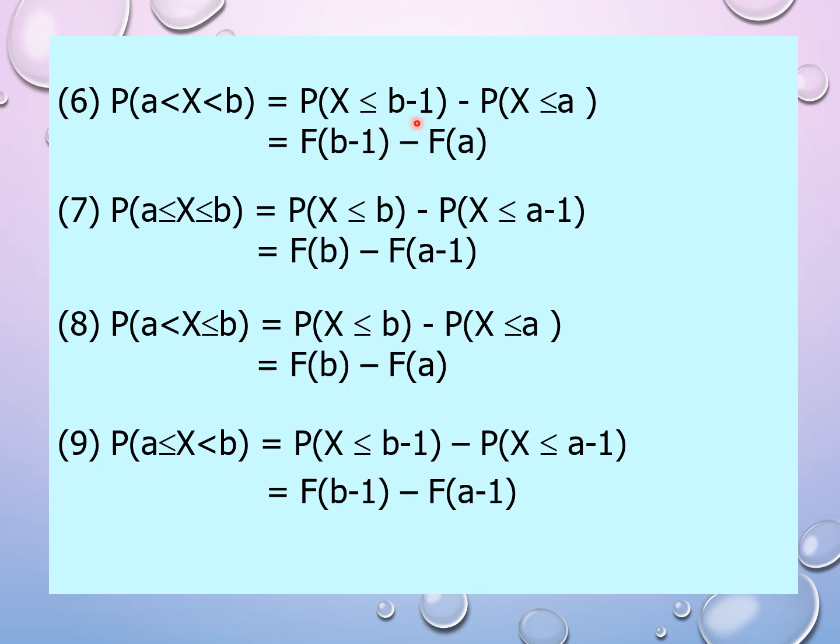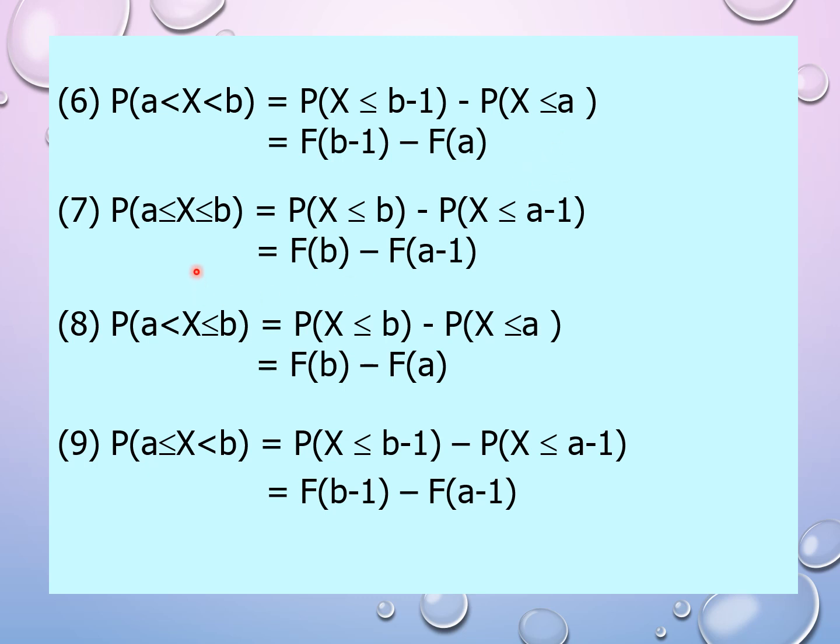Since it follows here, as long as you have the sign less than or equal to, you can just follow the right hand side over here. Straightforwardly you get F(b minus 1), and over here we minus F(a), since we already have greater than, so just straightforwardly take this a and it becomes F(a), cumulative of a.